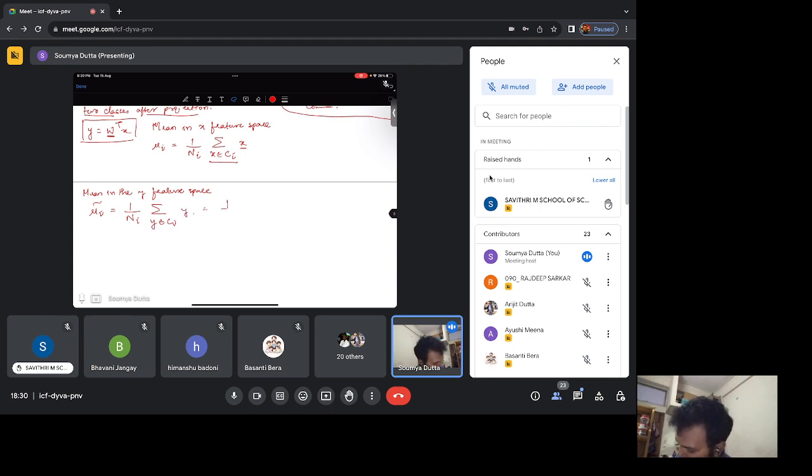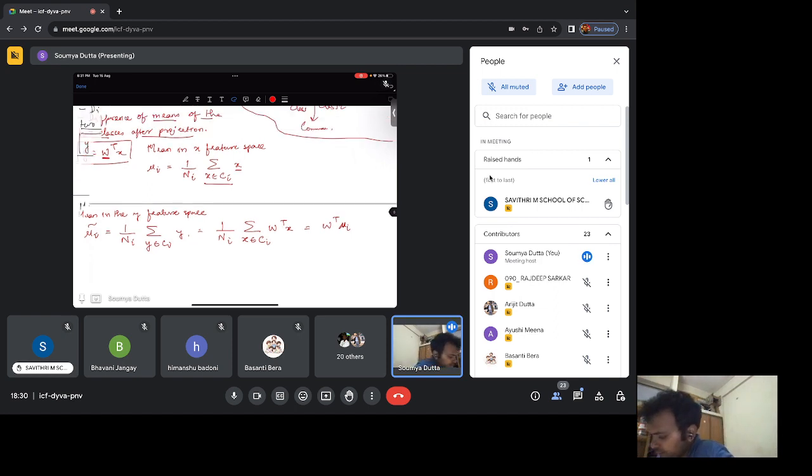Now I substitute y and I write x belongs to ci, and this becomes w transpose x, and I can take the w transpose outside. So this is just w transpose times mu i. Okay, so mu i bar is nothing but w transpose mu i.